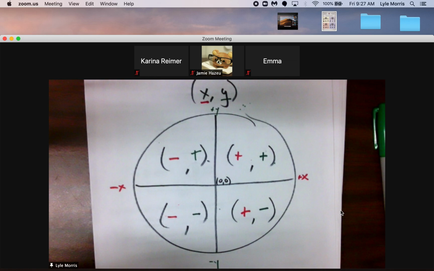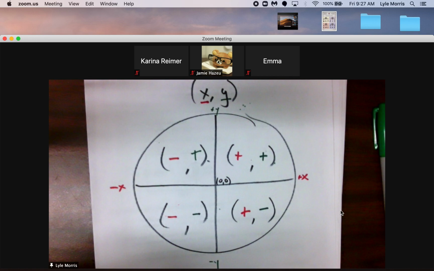So what this also means, say for sine, if we have an angle in here, let's say we're talking about this angle.